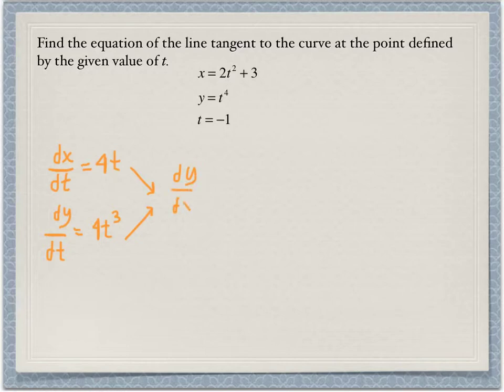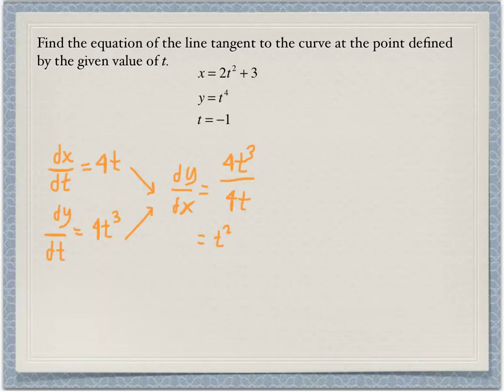Dy over dx is going to be dy over dt over dx over dt. So we put the 4t cubed over 4t like that. And certainly a lot of the t's will cancel out, the 4's will cancel out, and I end up with simply t squared.